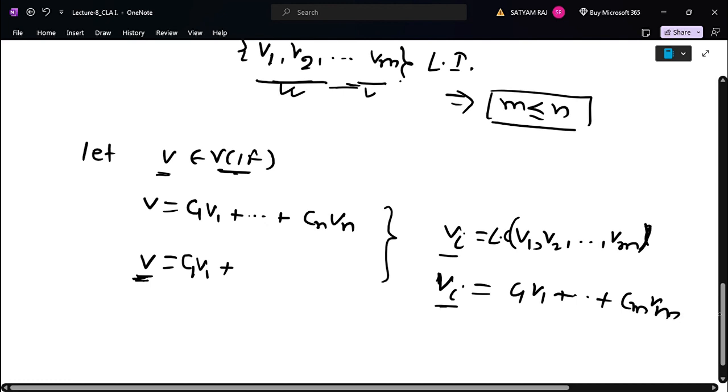Whatever vector has been removed can be written as a linear combination of v1 to vm. So we only use the vectors v1, v2, ..., vm for constructing the vector v.